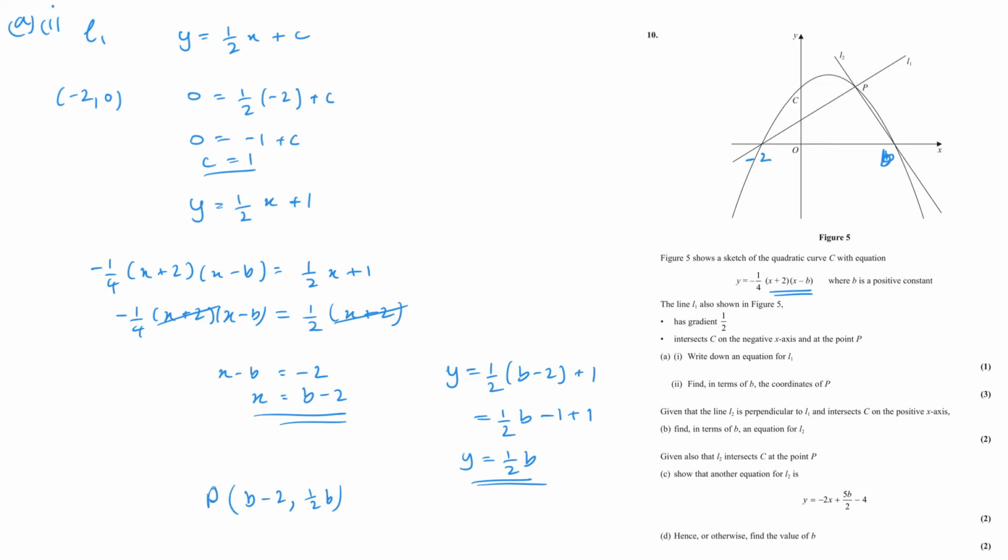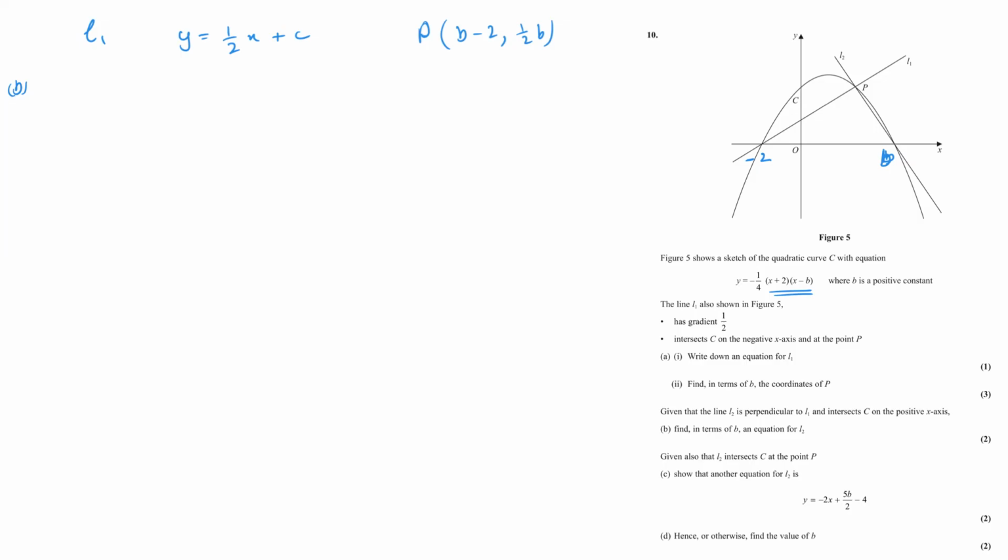And that is the coordinates of P. So L2 is perpendicular, so its gradient is minus 2. And we know it goes to the point P, so using y minus y1 equals m times x minus x1. So y minus a half b equals minus 2 times x minus b minus 2.